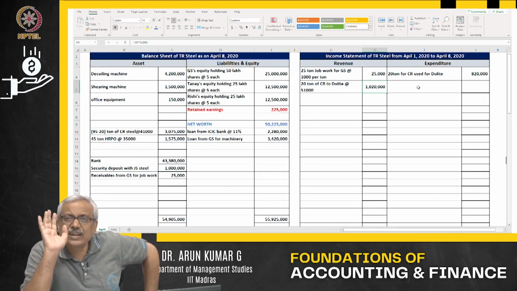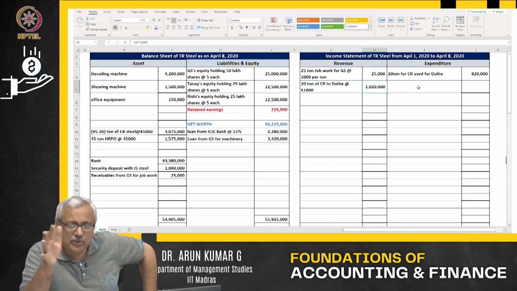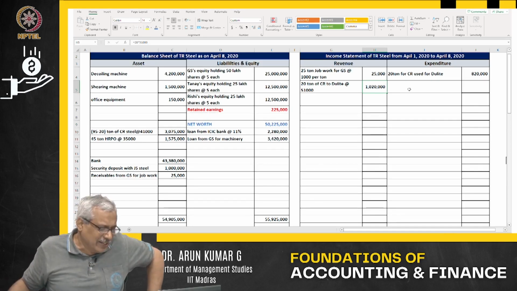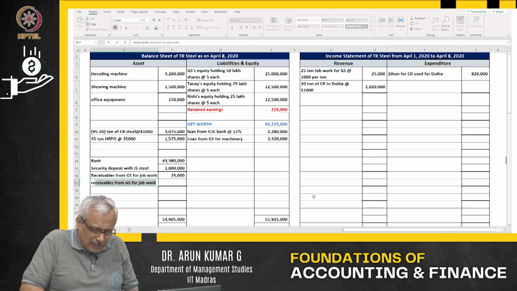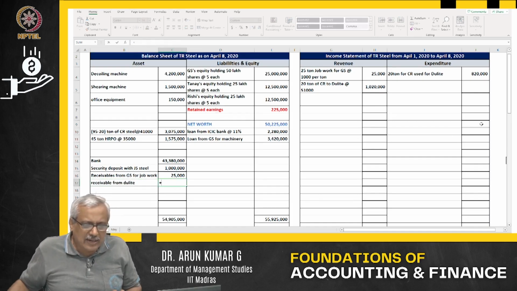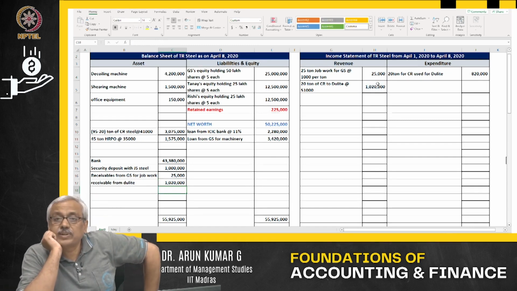Don't worry. Revenue has accrued. You are liable to get it from Dulite. You are eligible to get it from Dulite. So, when revenue has accrued, you are eligible to get it. It is a receivable. What is the amount receivable from Dulite? This is the amount of money that I have to receive from Dulite.